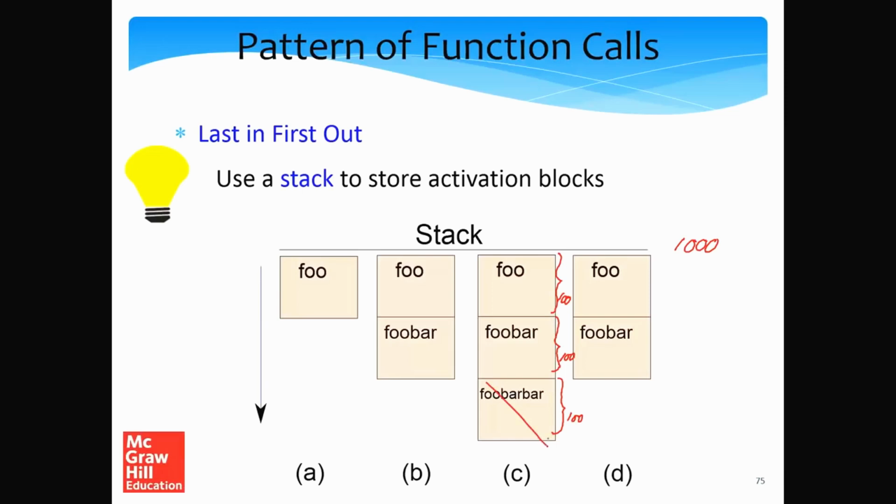Subsequently, we delete this, so we store only 200 bytes. Then we again delete this when foo bar is over, and we store only bytes from the region 1000 to 900.